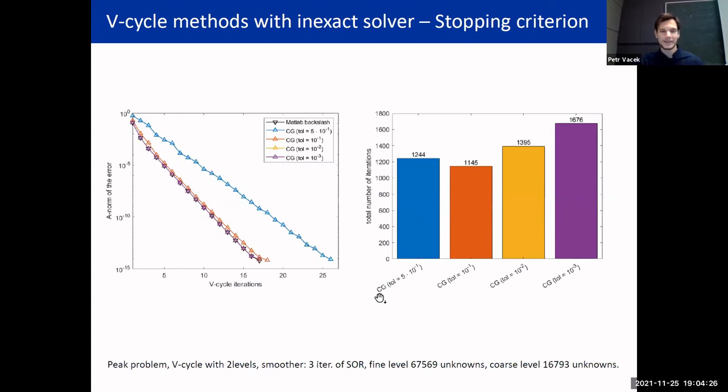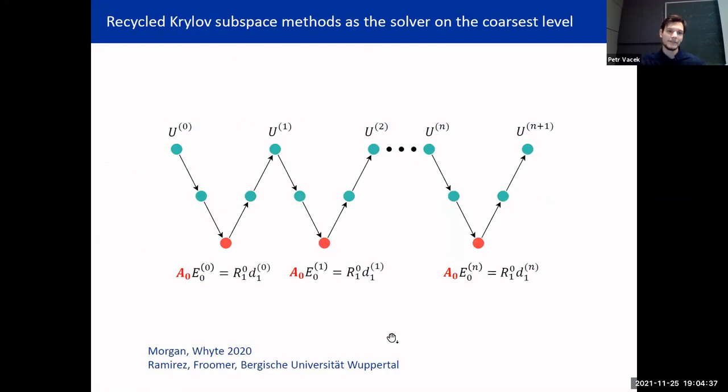Having a good stopping criterion can significantly reduce the amount of work we are doing on the coarsest level. And another way to reduce the amount of work is to use recycling.